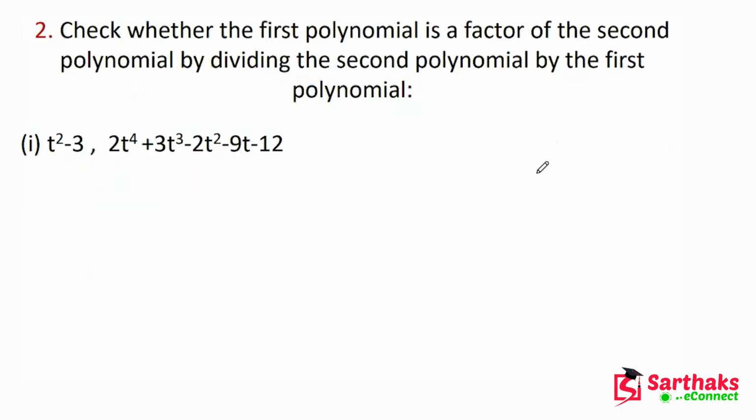Now let's go on. Now, check whether the first polynomial is a factor of the second polynomial by dividing the second polynomial by the first polynomial. So firstly, we have to check what? Yes, we have to check this is the factor of this. Is t square minus 3 the factor of this polynomial?